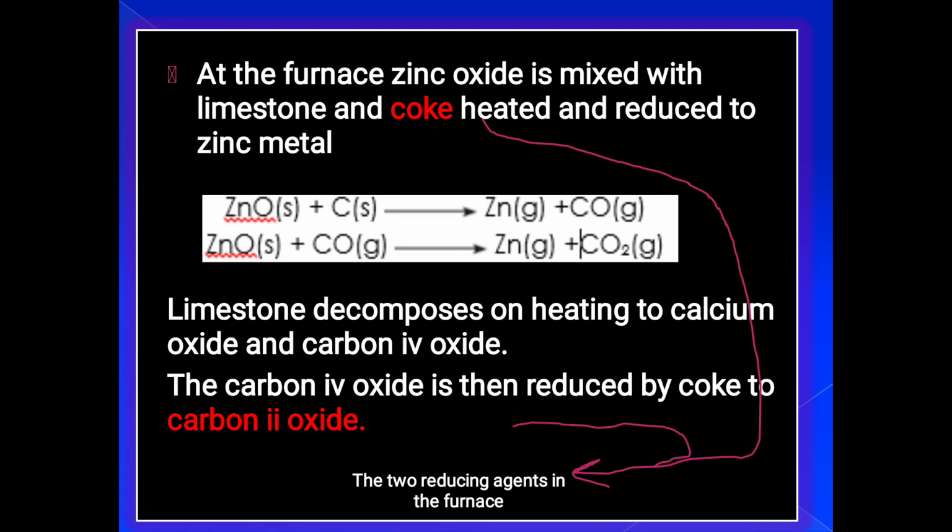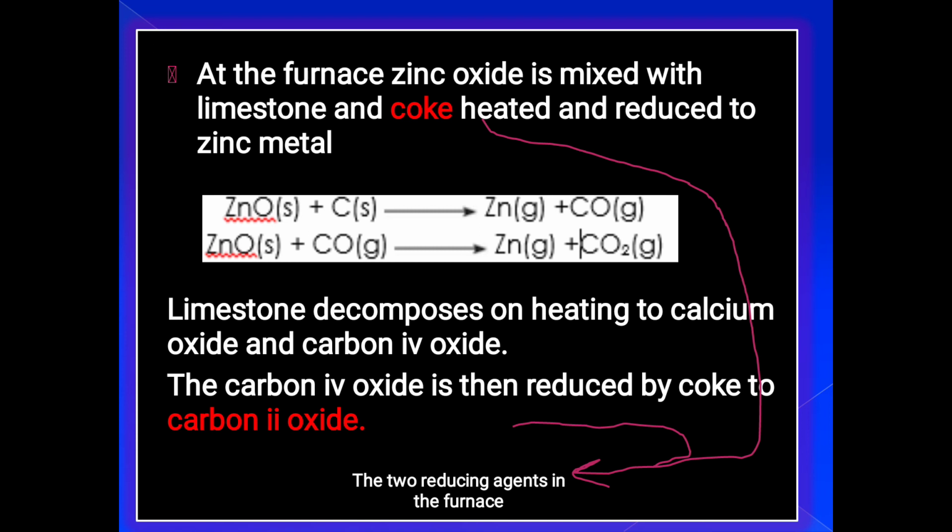The zinc oxide also reacts with the carbon II oxide produced to give us zinc and carbon IV oxide. You note that the zinc produced is in gaseous state. This is simply because the temperatures at the furnace are very high.